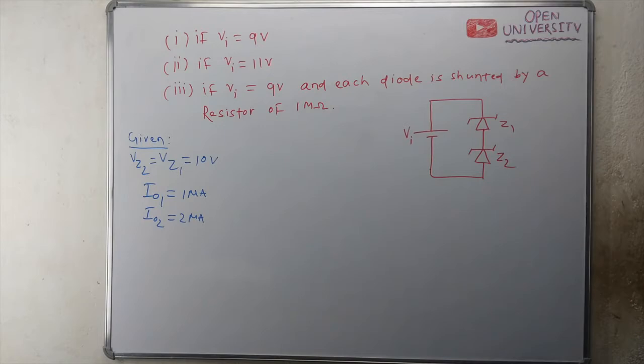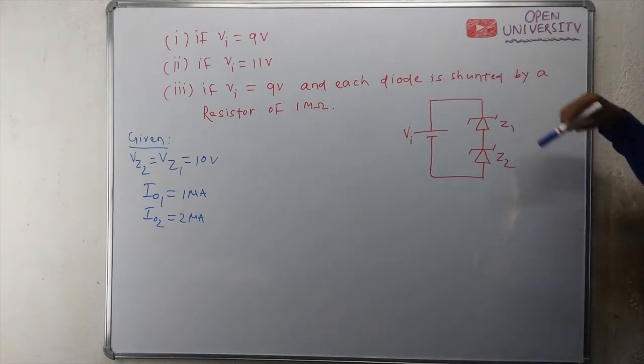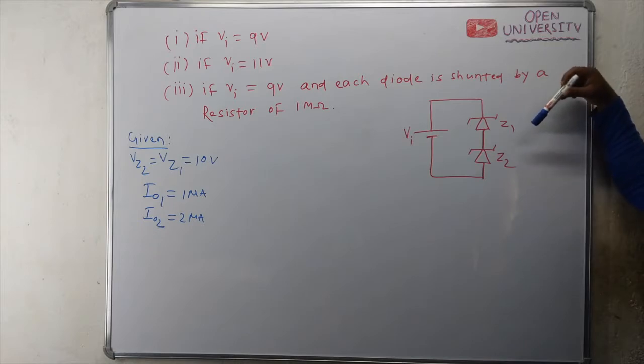So what will be the voltage across each diode? It is given that the reverse saturation current of Z1 is 1 microampere and Z2 is 2 microampere.